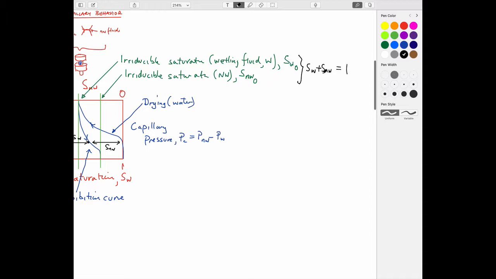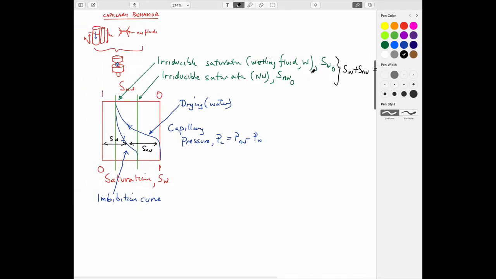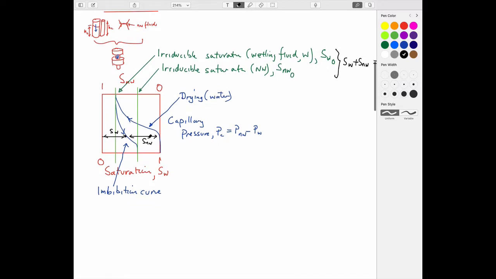Not the irreducible saturations, but any particular saturations of them. That's shown by the fact that if you add these two arrows together, they're the full width of our curve. And so this defines the equilibrium behavior at any particular pressure between 0, which would be gauge pressure, though it doesn't have to be, it can be anything, and a high pressure.